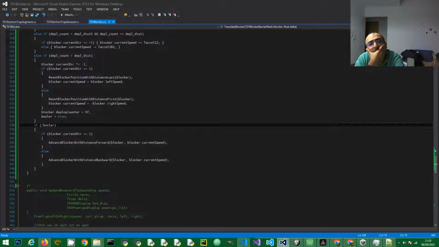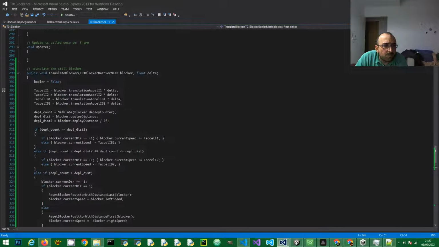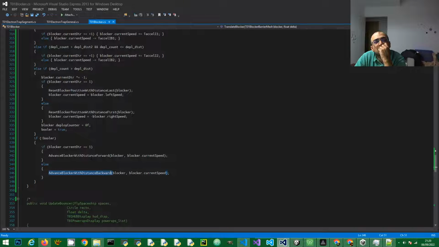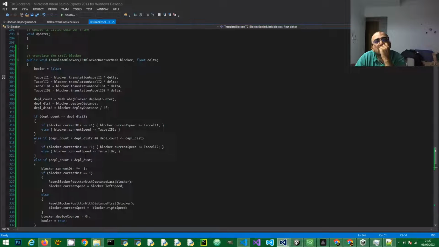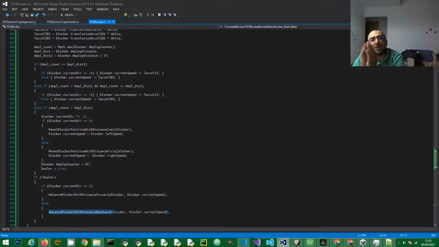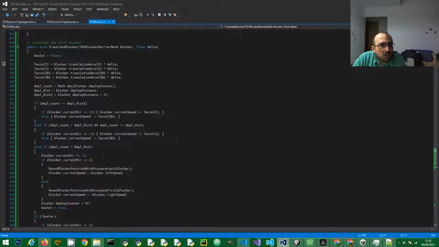If advanced blocker with distance forward, so I know what this boolean variable does. So this translate blocker function, we have to comment, right: translate the still blocker, translate the blocker.